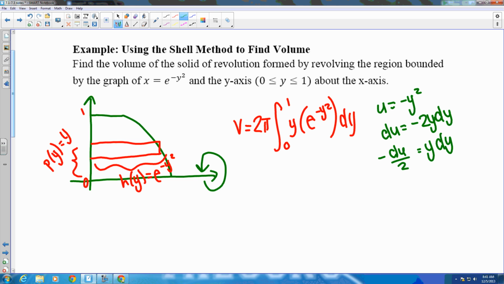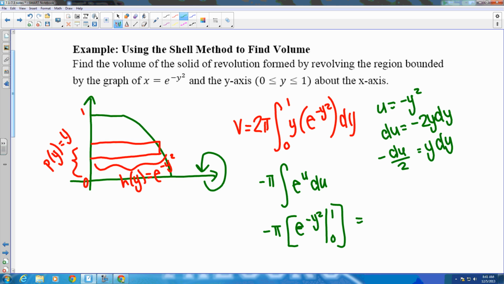And without changing our integrating limits, if we divide by negative 2, it's just going to be negative pi on the outside, e to the u du, which is just e to the u. So negative pi times e to the negative y squared, evaluated from 0 to 1, which is about 1.986.